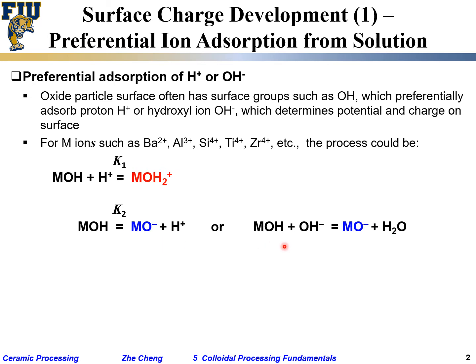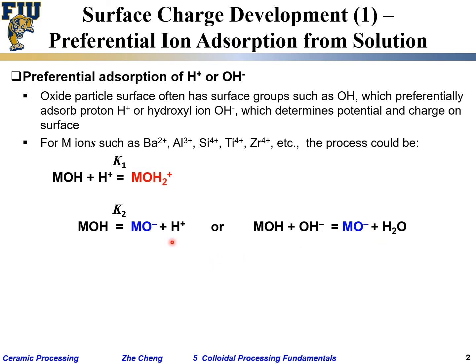These two are essentially equivalent. One is producing proton. The other one is consuming hydroxy group. Make sense? When you consume hydroxyl group, the net effect, thinking of charge balance, is essentially that we are creating proton.